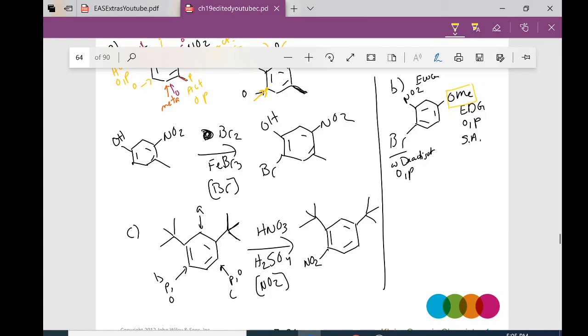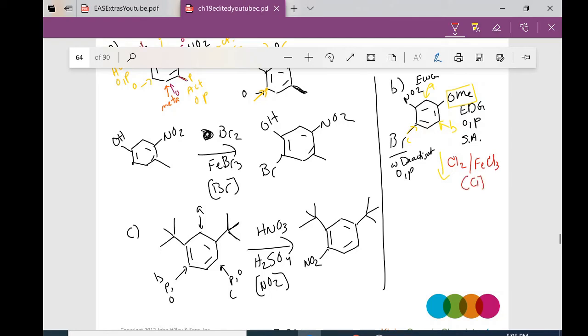Okay, this methoxy group is a strong activator and an ortho para director. So here is an ortho position, here's a second ortho position, and the para position is blocked by the bromine. Let's call these positions A, B, and C. Position A is blocked by that nitro group, and therefore the incoming group is going to be installed at position B. So let's say we're going to add a chlorine.